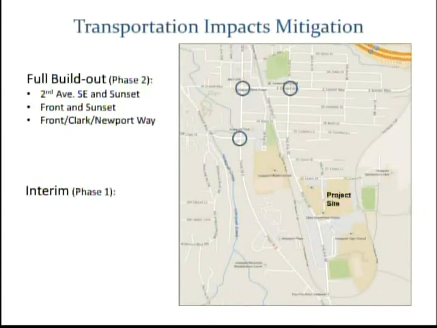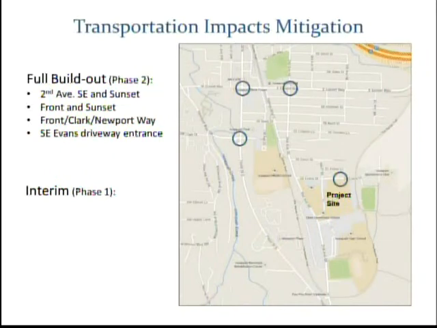Part of the mitigation for that is they have to do some improvements along Clark on the east leg of the intersection to accommodate the traffic coming out onto Front Street so that it doesn't impact the operations of that intersection during peak hours. So mitigations were identified for the school district to do improvements to address the delays coming out on Clark Street, which would impact the operations of that intersection.